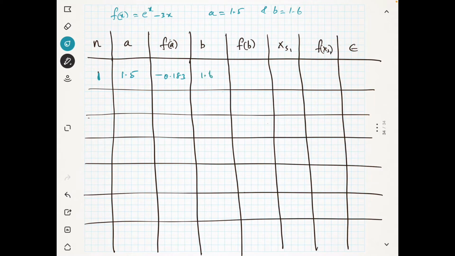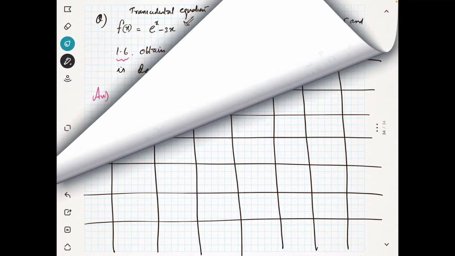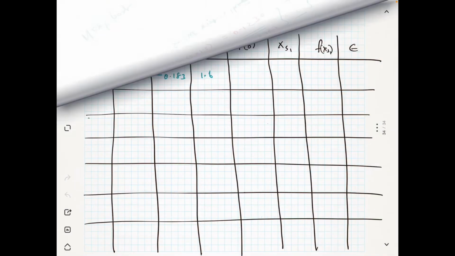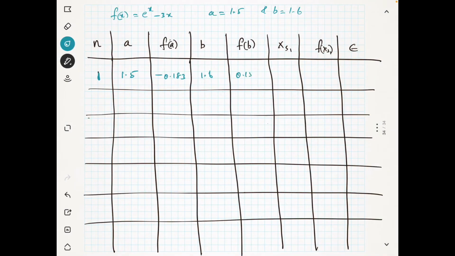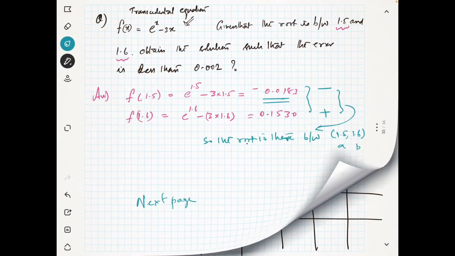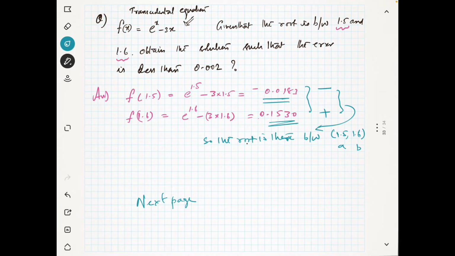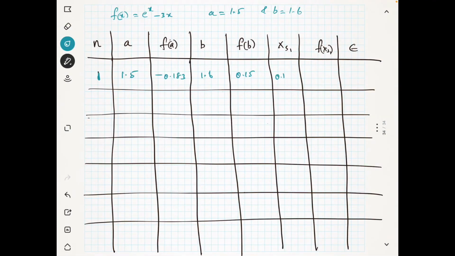B is 1.6 and f of B we have already found, 0.1530. Sorry, I have written in a wrong place. Okay, so this is 0.1530.